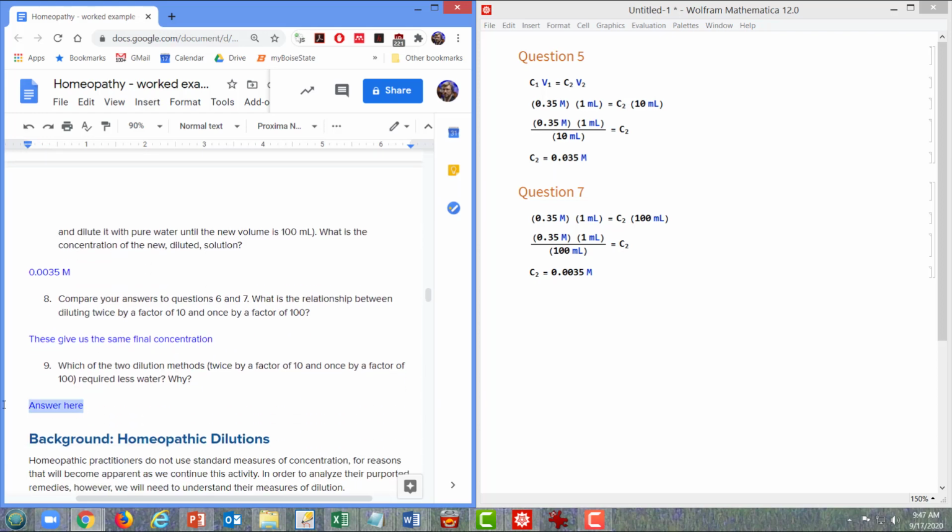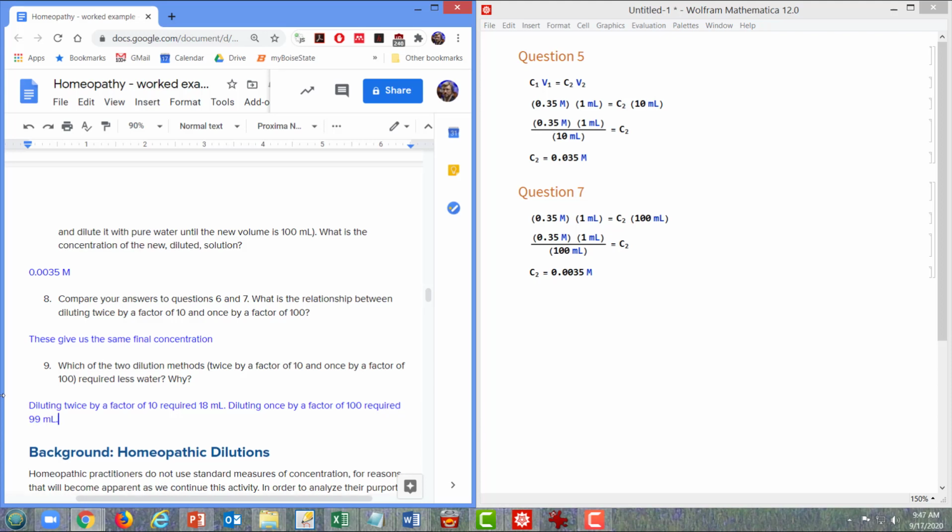So diluting twice by a factor of 10 required 18 milliliters, 9 in each step. Diluting once by a factor of 100 required 99 milliliters. So diluting successively requires less water.